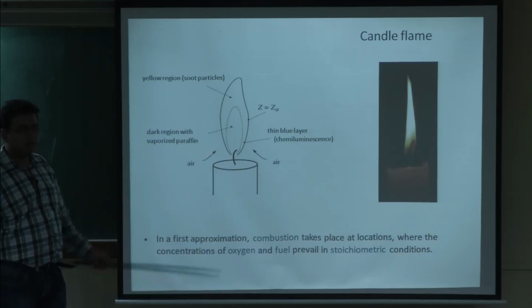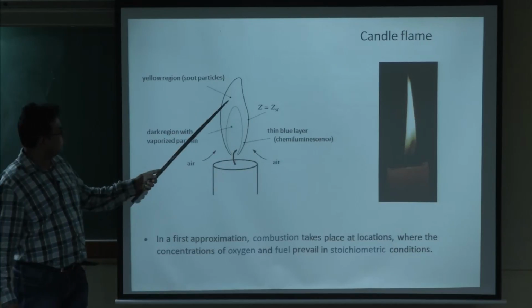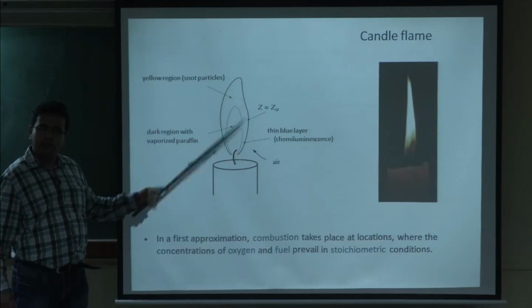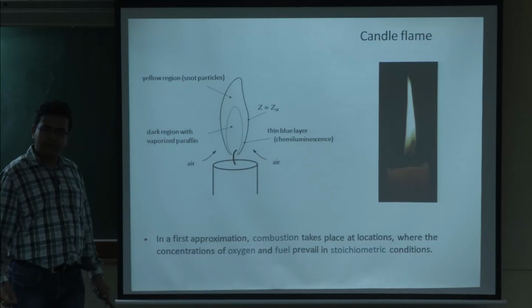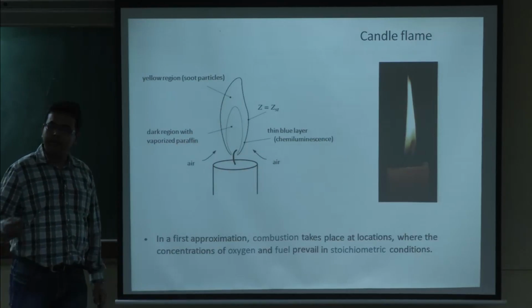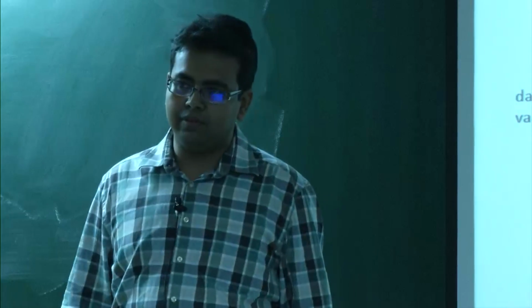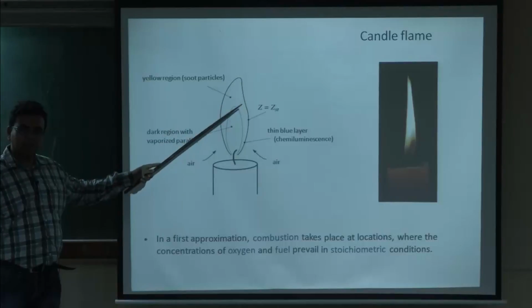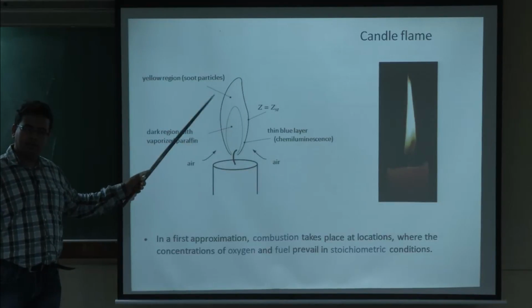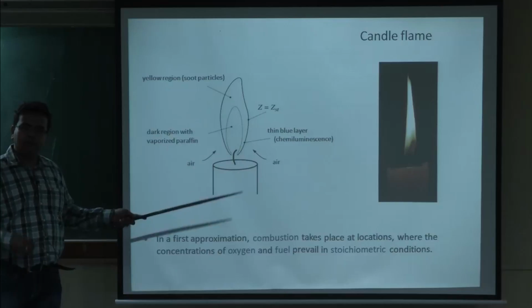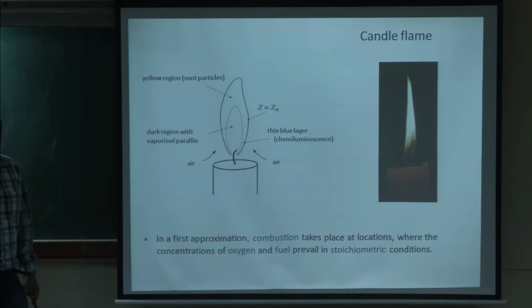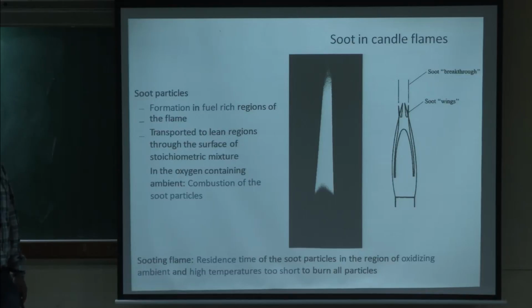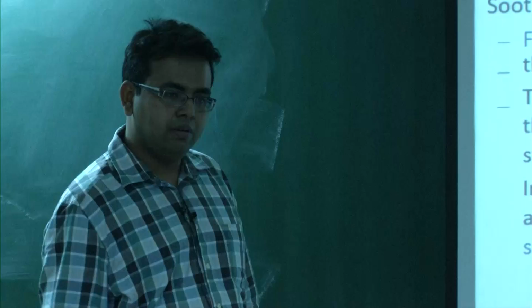These soots travel downstream, and when they get enough oxidizer coming from the surroundings, they can partially oxidize, especially when they come to an area with more oxygen. But some of them can still remain in the system and come out of the exhaust.